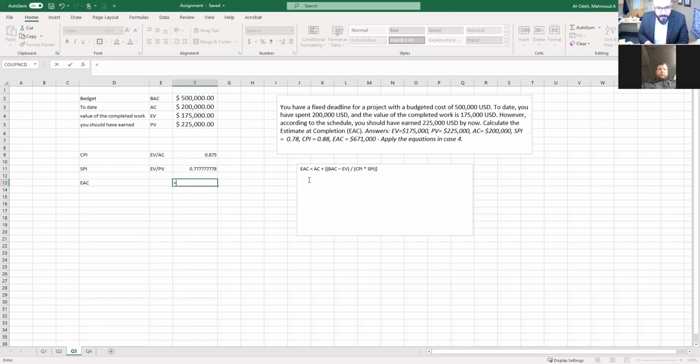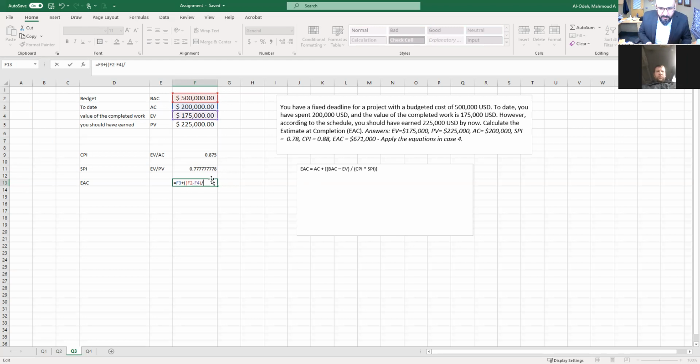That would be actual cost, 200,000, plus open parentheses, BAC, the 500, minus the earned value, close the parentheses, divide, and we have to have another parentheses up here, so we make sure that we give priority to the division before we do the addition or subtraction.